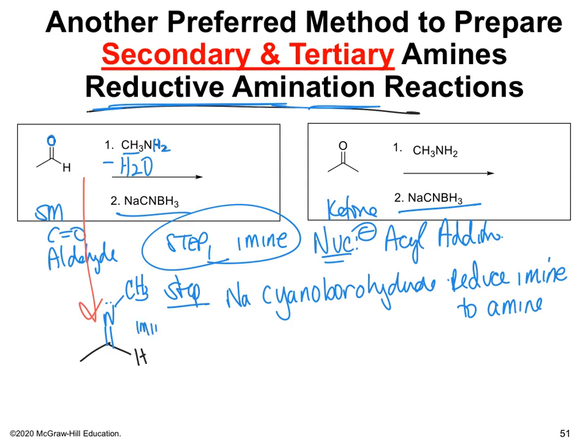And that's your imine. And then after step 2, sodium cyanoborohydride, you make, in this case, 1, 2, nitrogen has 3 things and one lone pair. You make a secondary amine.